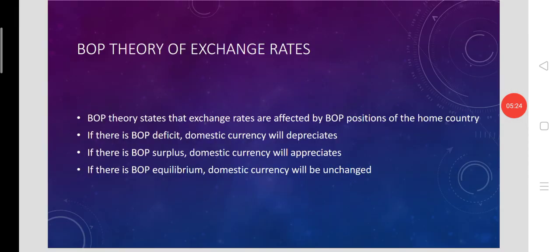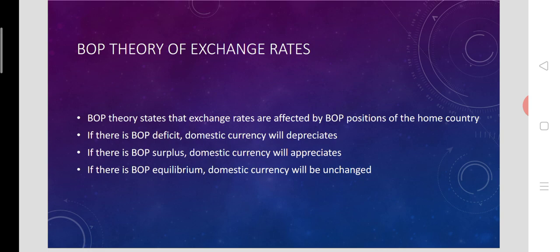So in short, if there is a BOP deficit or trade deficit in a nation, the domestic currency will depreciate, as the demand for foreign currency will be greater than the supply of foreign currency. Similarly, if the nation is experiencing BOP surplus or trade surplus, the domestic currency will appreciate, as the supply of foreign currency will be greater than its demand in the economy.